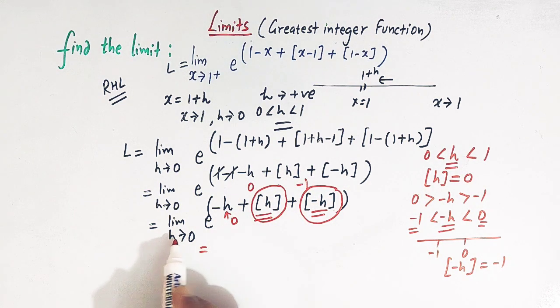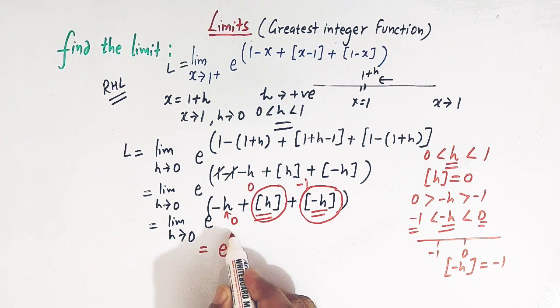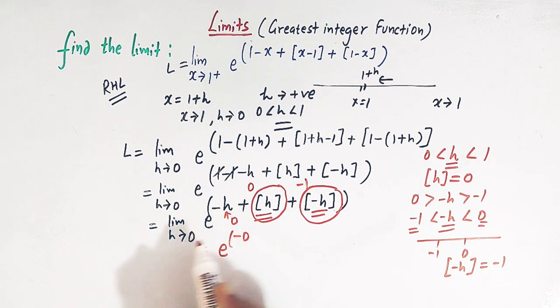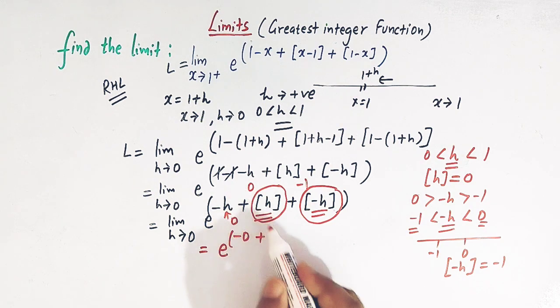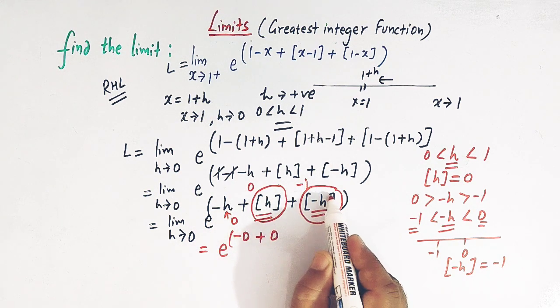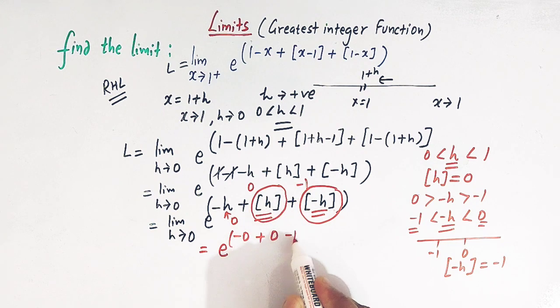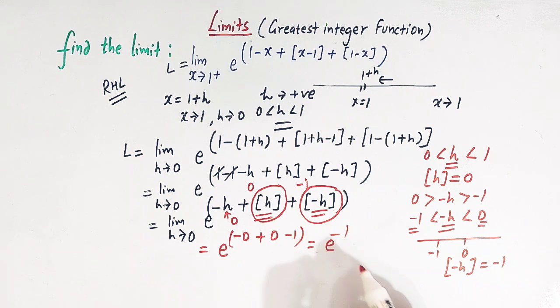So now see, we have e raised to minus 0 because h tends to 0, and here the greatest integer of h is 0, and here greatest integer of minus h is minus 1. So overall we'll get e raised to minus 1, that is 1 over e, that is the reciprocal of the exponential number.